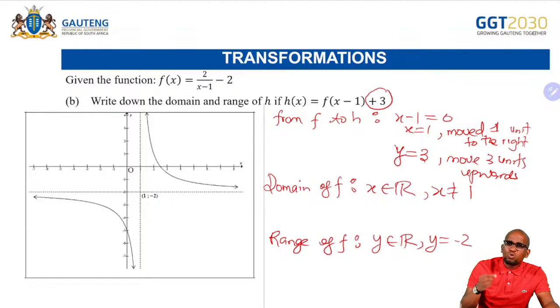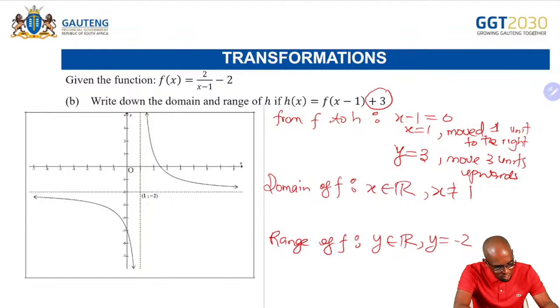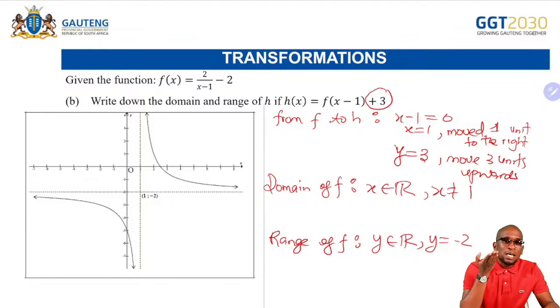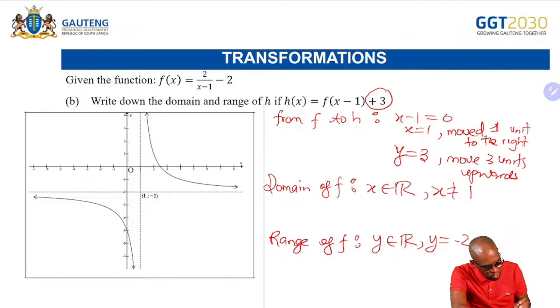But they are not looking for the domain and range of f, they are looking for the domain and range of h, which is a new function that was transformed. So now we know we've moved 1 unit to the right.